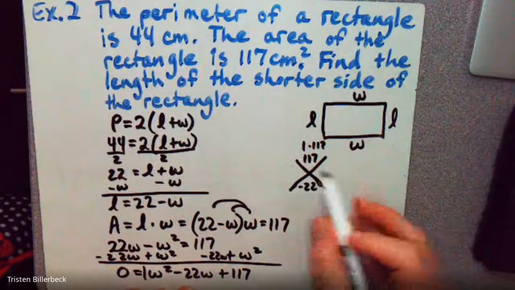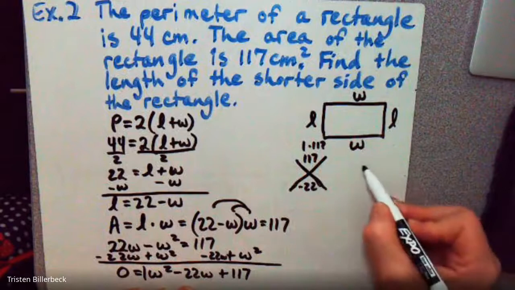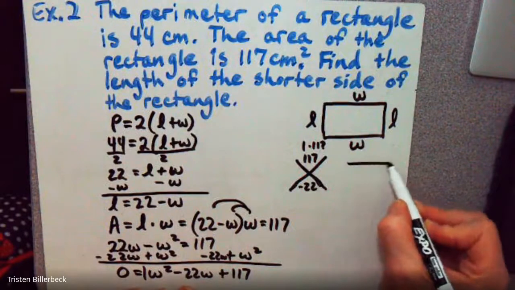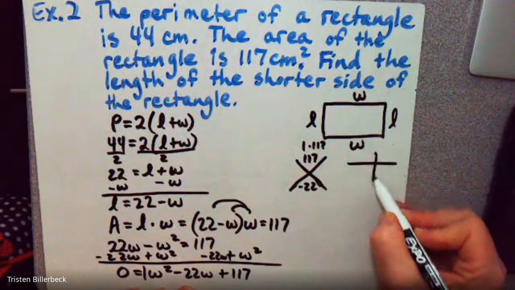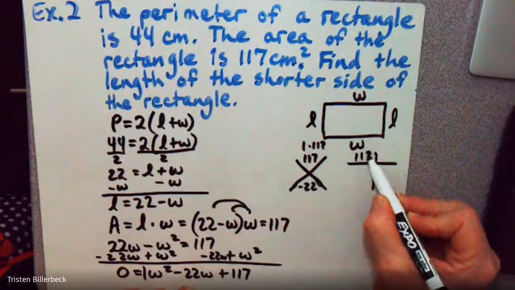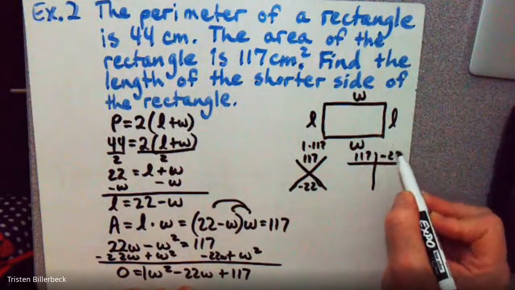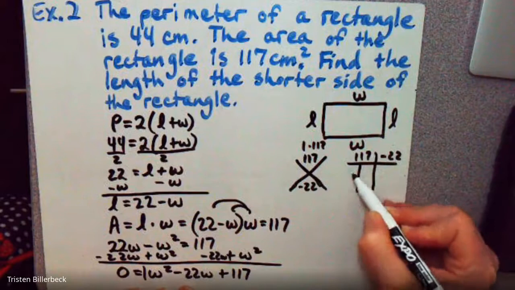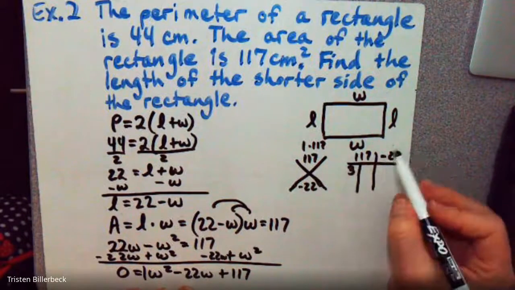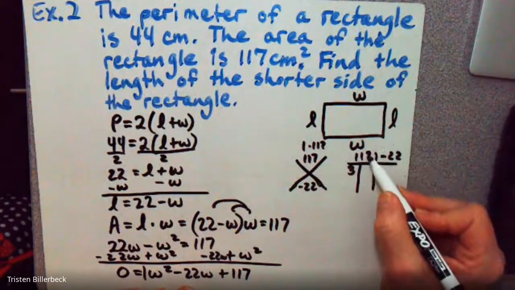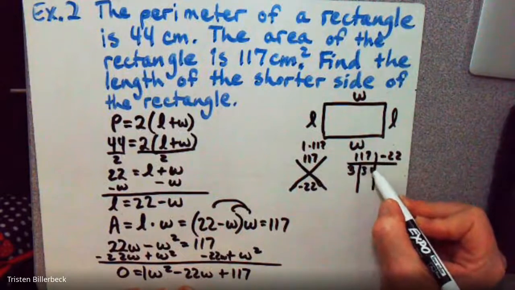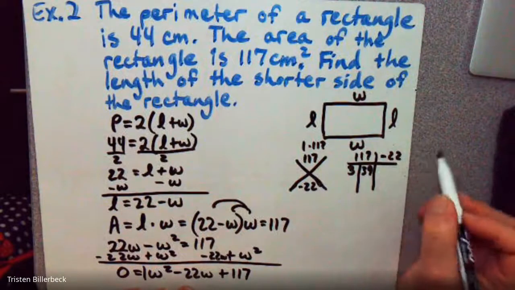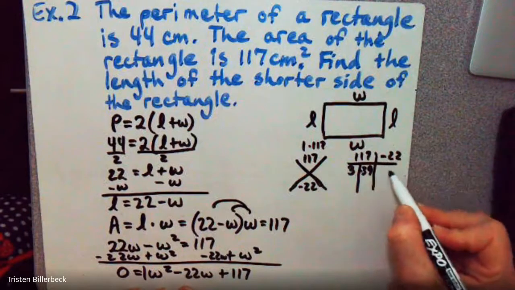If we don't know that, we can play around with some of the numbers. 117 is divisible by 3, so let's do 3 times 39. One of them has to be negative, so the 39 has to be negative.